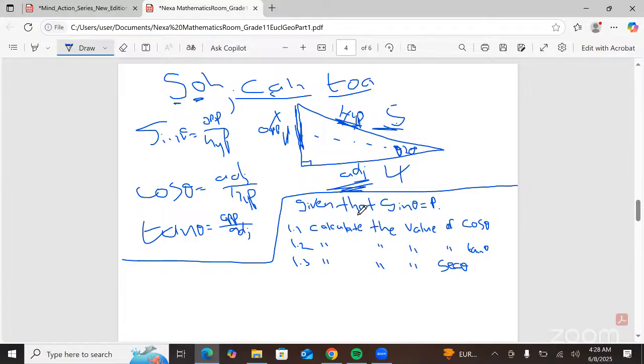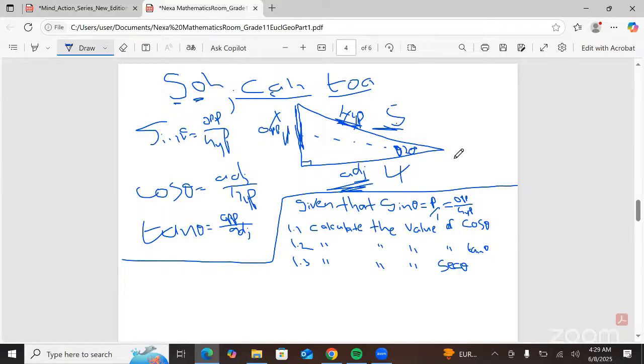Yes, so P is the opposite, and there's an invisible 1 under the P. So that is opposite over hypotenuse.